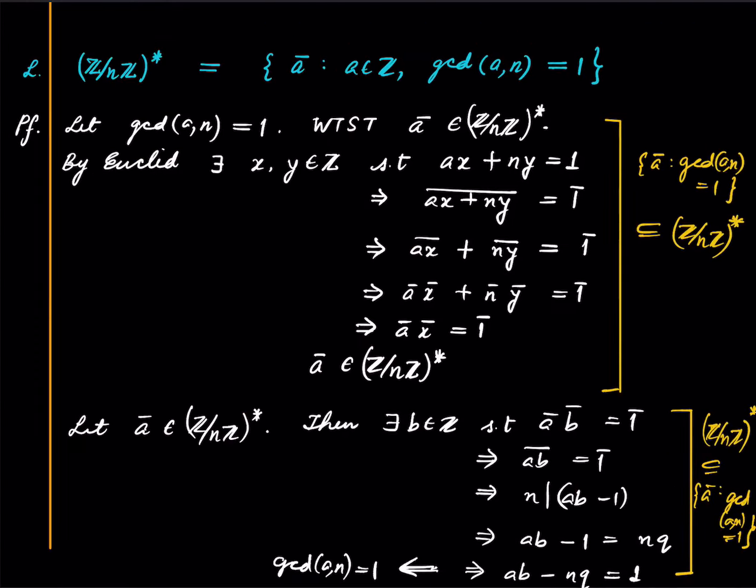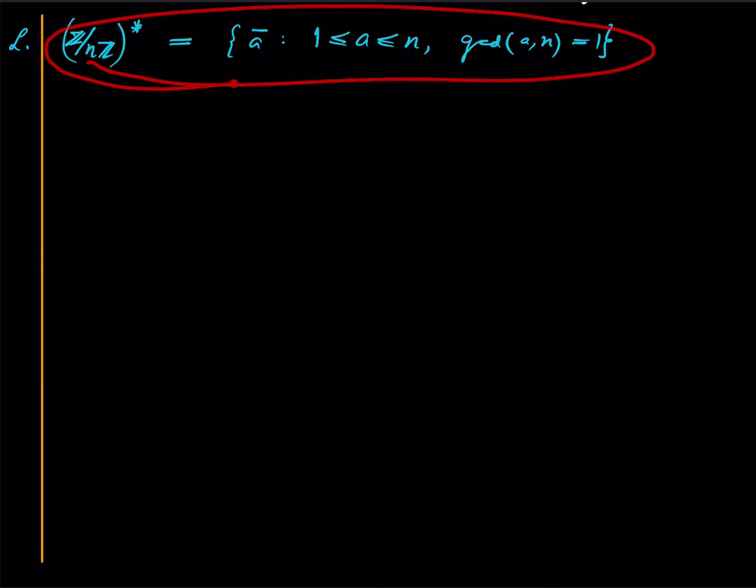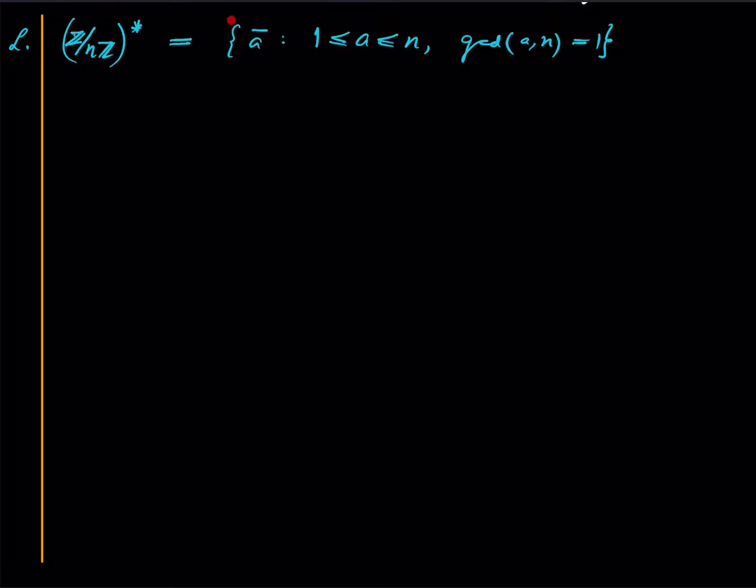In this set, the GCD of a and n is 1, so a is not divisible by n, and hence you can always do this. If you don't follow what I just said, you can take this as an exercise to show that (Z mod nZ) star is equal to that. I don't want to dwell on this too long.